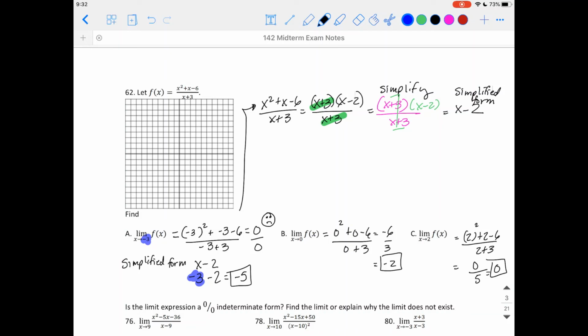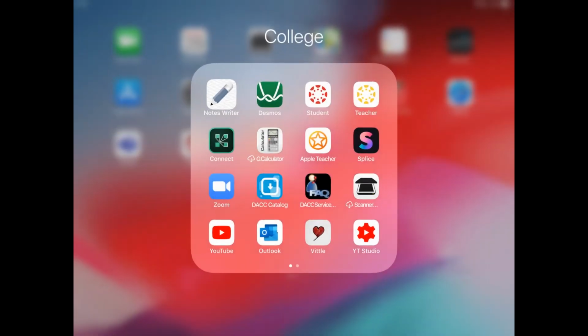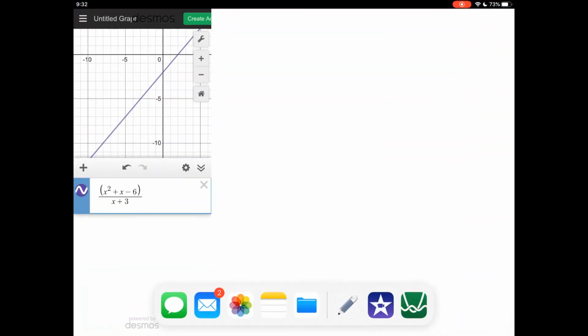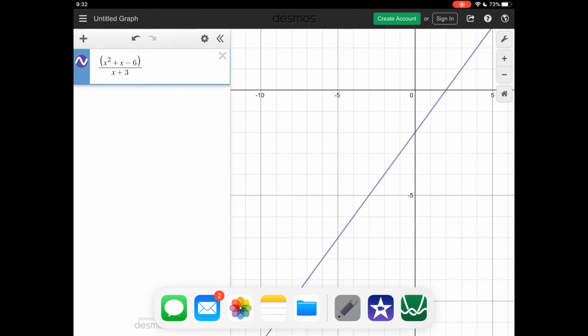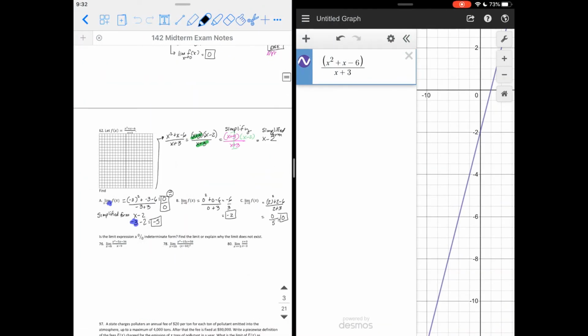So when we have this indeterminate form, we have a little bit more work to do. And you might just want to confirm your work when you're done with your graphing utility. So I already went and graphed it here. Let me make sure that I did it right. So we have x squared plus x minus 6. I put in parentheses to make sure all of it was divided by x plus 3.